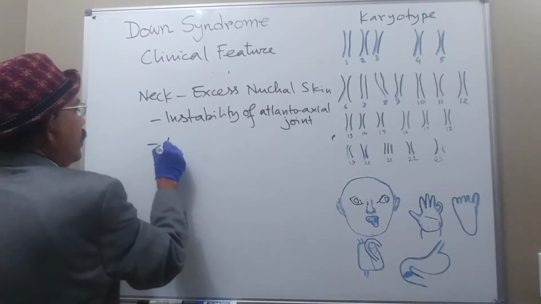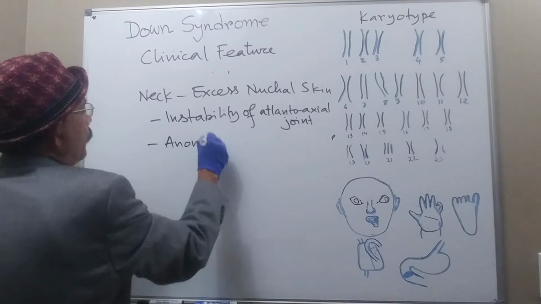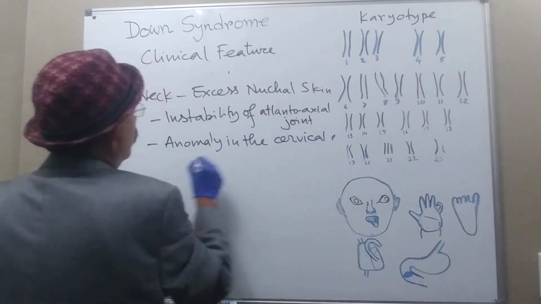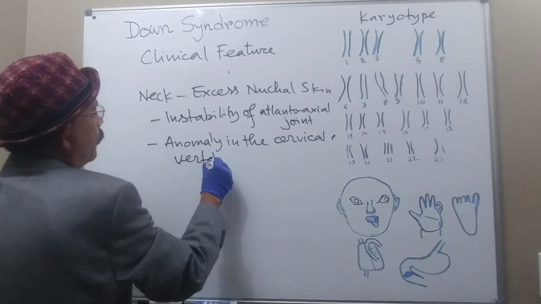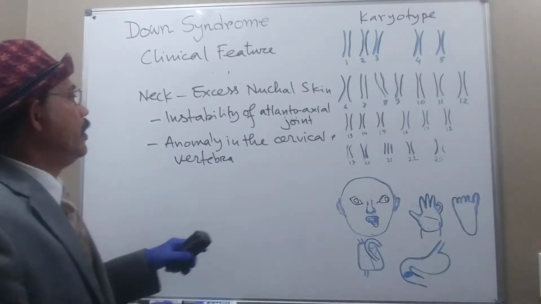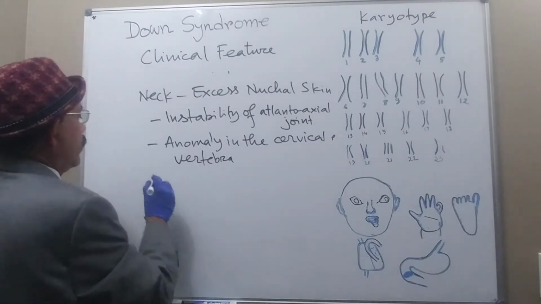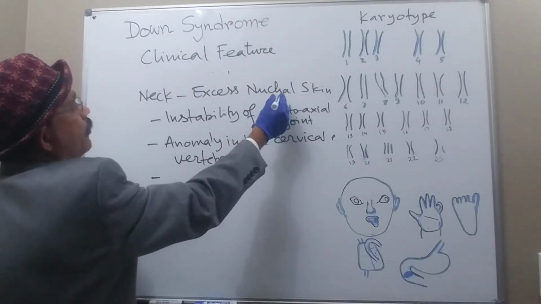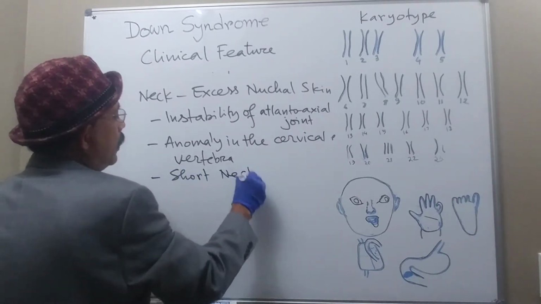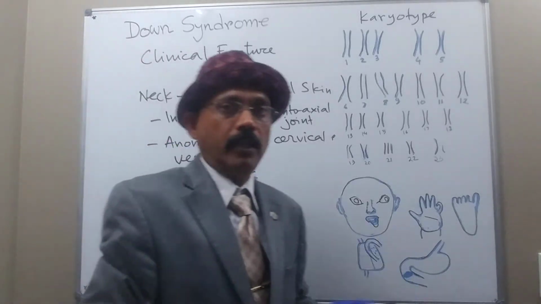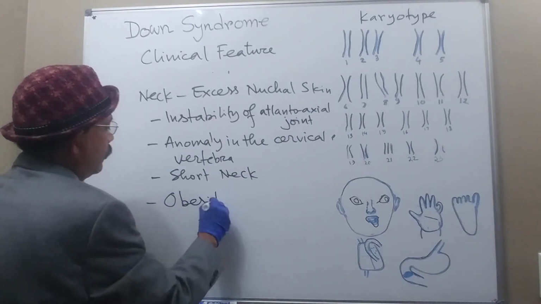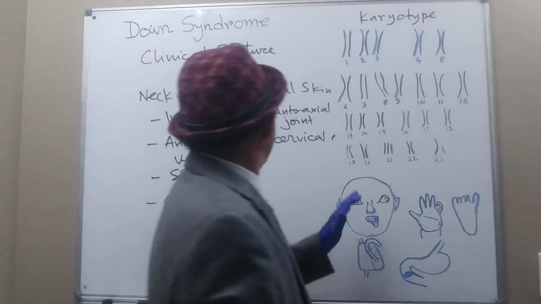We may get other anomalies in the cervical vertebra. That is possible. All are due to one extra set of chromosome. Not only excess nuchal skin, we have a short neck, and the child or the adult who has Down syndrome has age-old obesity. Obviously it is common among them.